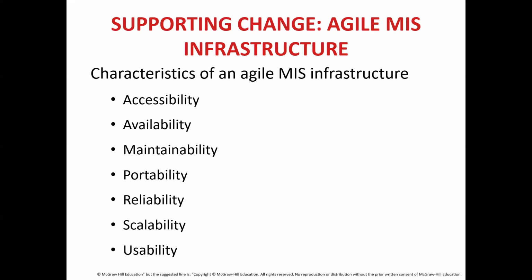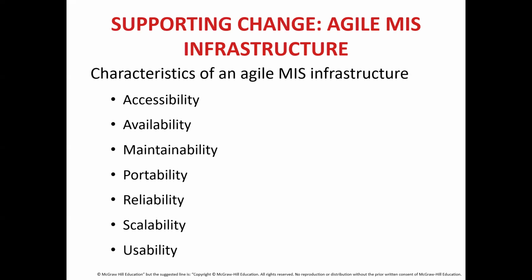Some of the utilities of a business in terms of an agile management information system infrastructure are: one, accessibility, which refers to the varying levels that define what a user can access, view, or perform using an operating system. Availability: time frames when the system is operational. Maintainability: how quickly a system can transform to support environmental changes.